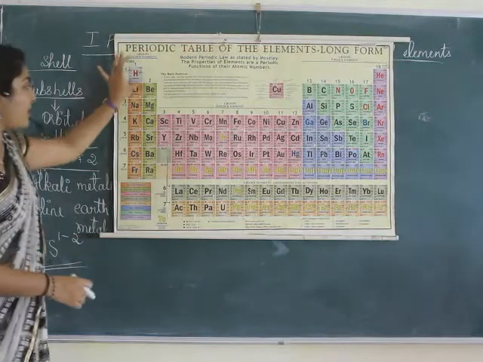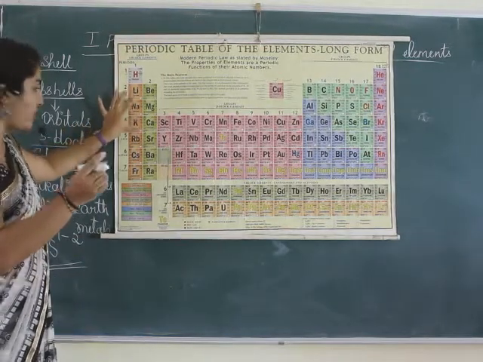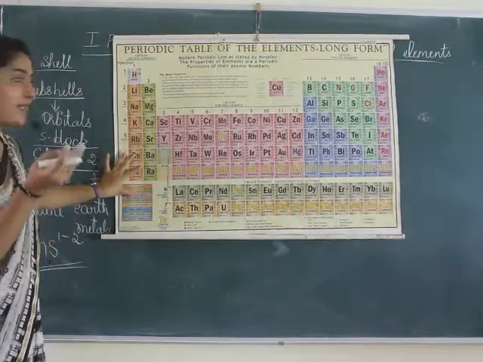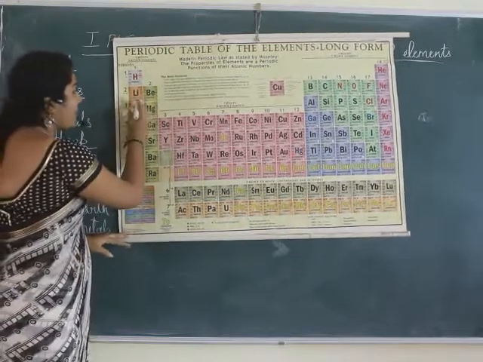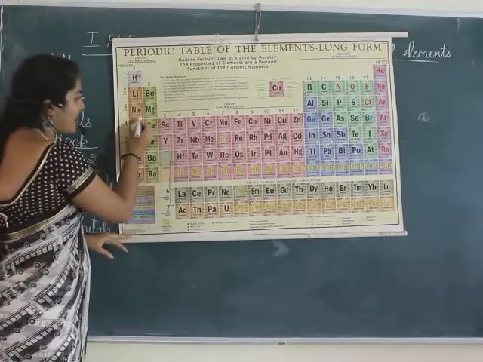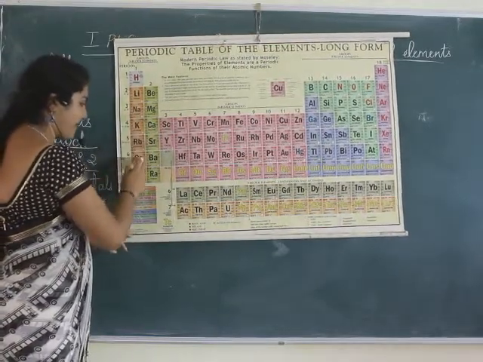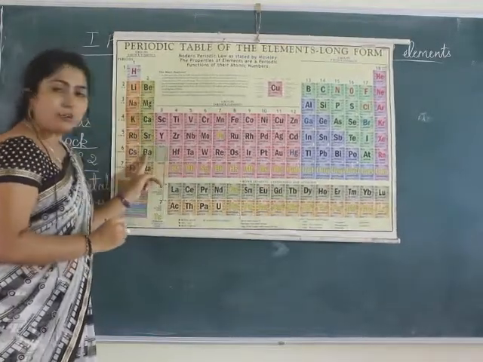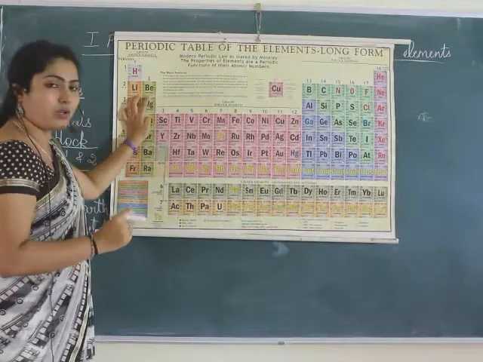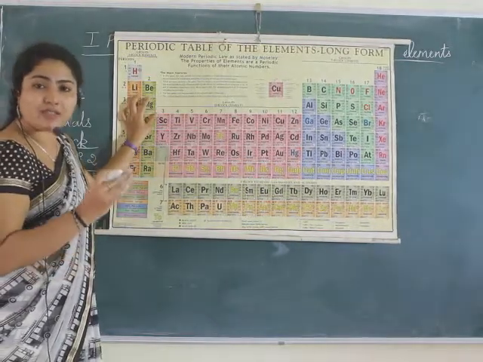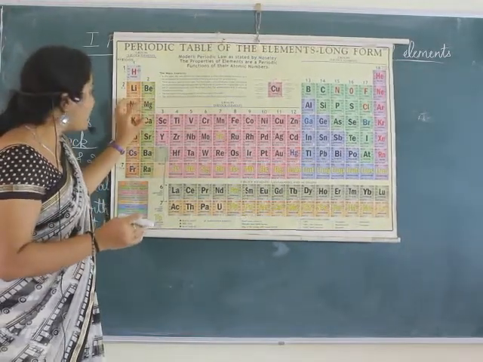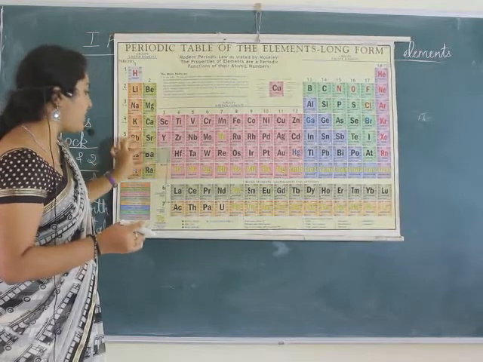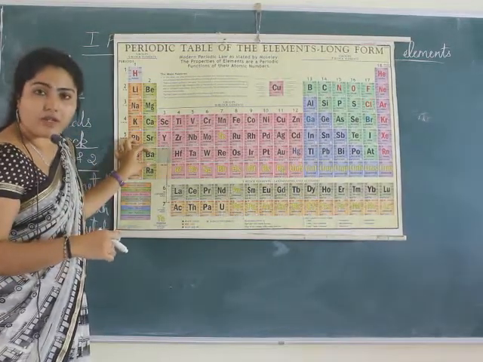For alkali metals, the outer electronic configuration is ns1. In the case of lithium, 2s1, next 3s1, 4s1, 5s1, 6s1, 7s1, like that. In alkaline earth metals, you can see the outer electronic configuration as ns2: 2s2, 3s2, 4s2, 5s2, 6s2.